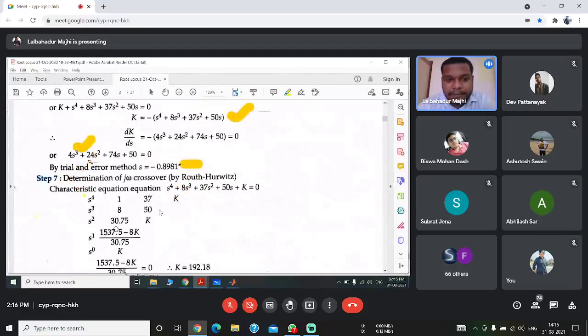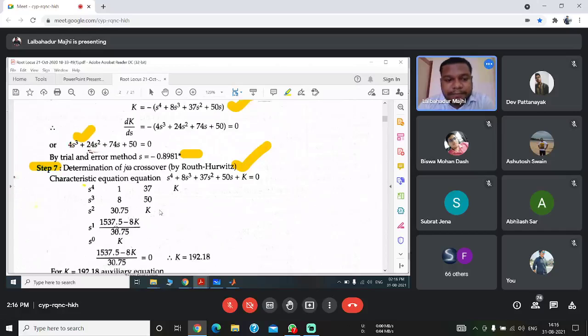The next step is to determine the point where the root locus will cross the j omega axis by the Routh-Hurwitz method. The characteristic equation is s to the power 4 plus 8s cube plus 37s square plus 50s plus k equal to 0.